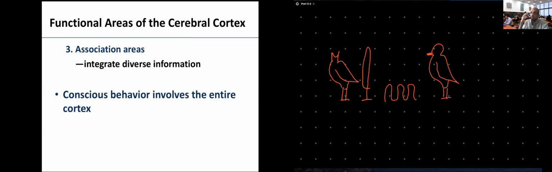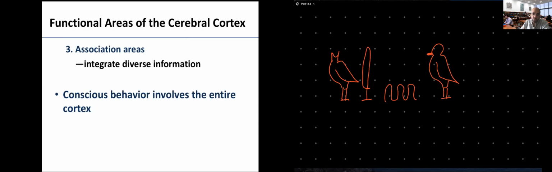So if I don't know French and I hear people talking in French, can I hear? Yes, I can hear. Can I understand what they are saying? No. So I have a sensation, but I don't have a perception of this sensation.